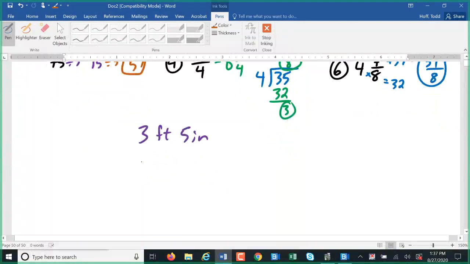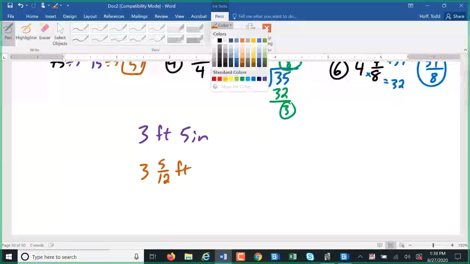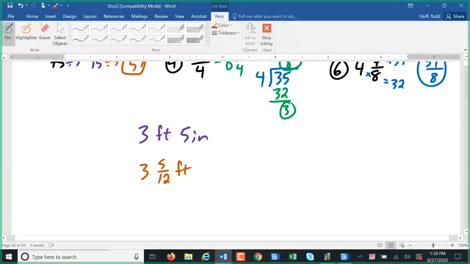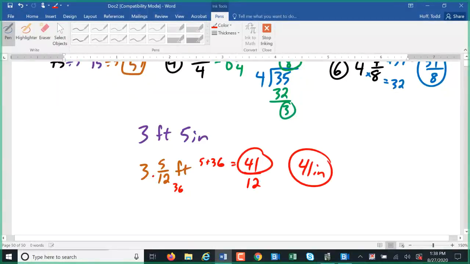We can think of that as being 3 feet and 5/12 of a foot, because an inch is 1/12 of a foot. And so then to convert that all into inches, it's 3 times 12 is 36. Add that 36 to the 5 is 41/12 of a foot, or just 41 inches. So it's a very similar calculation to doing those conversions.